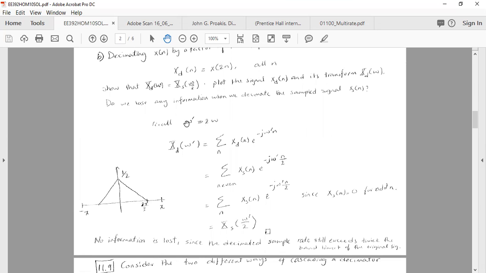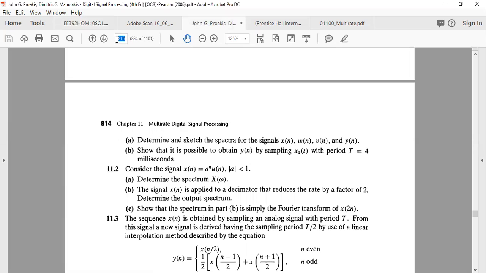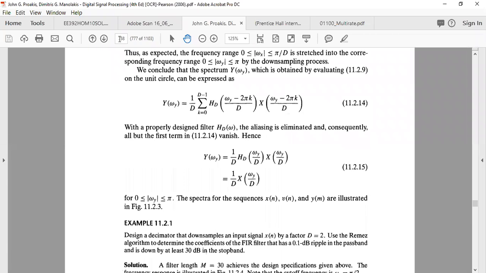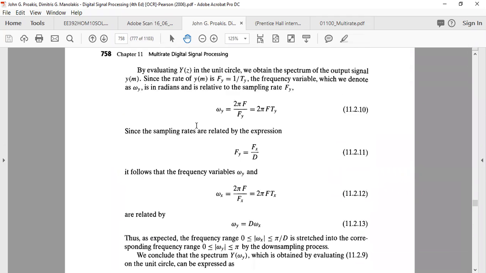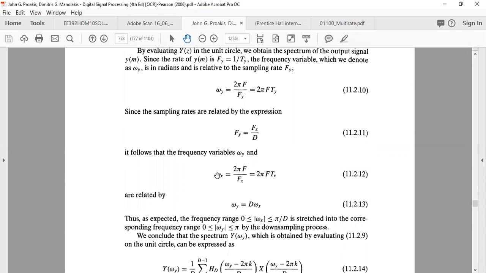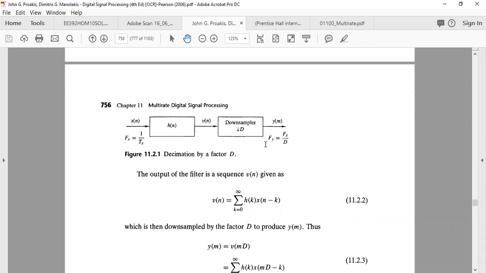It says recall omega bar is equal to 2 omega. Actually, let me just explain that. If you go back to page number 758 of your textbook, there is the output frequency.